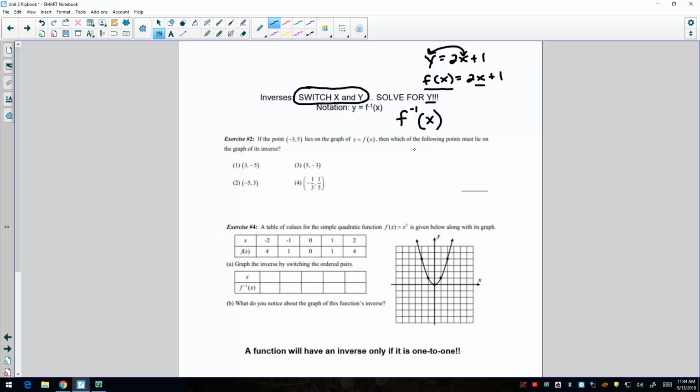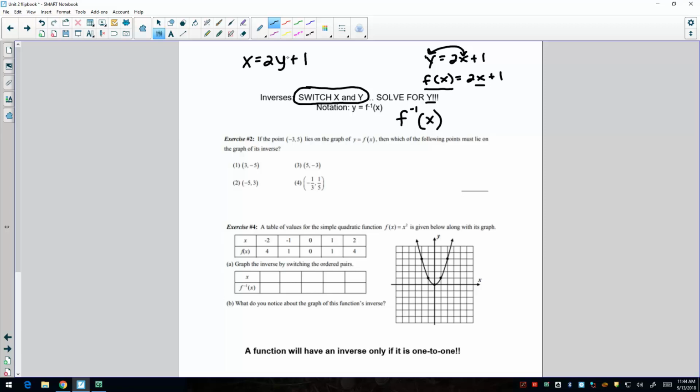Literally all you do is you switch the x's with the y's. If it's just points, you literally just switch the numbers, x with y. But if you need to write the equation of the function, you then have to get y alone. So for example, if I took this one, I would switch and it would become x equals 2y plus 1.